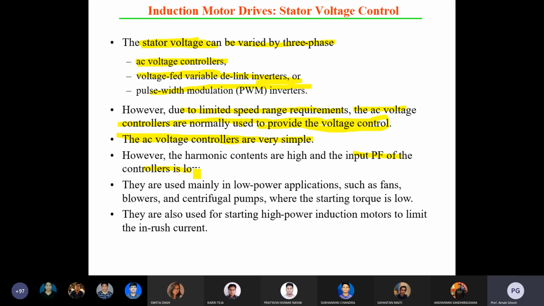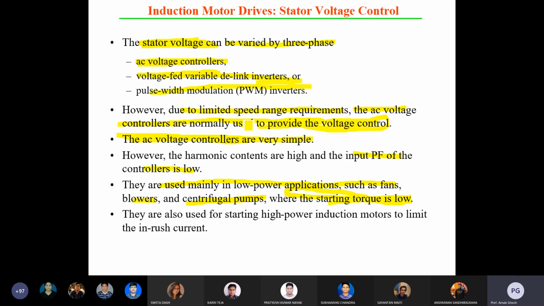So they are used mainly in low power applications such as fans, blowers, and centrifugal pumps, where the starting torque is low. That's why AC drives are used for this. But recently, in most cases, they are using AC motors; DC motors are also used for traction, but the number is quite small.